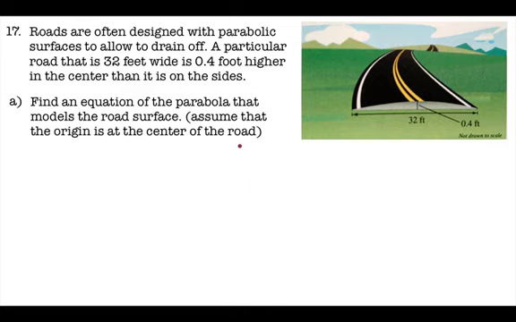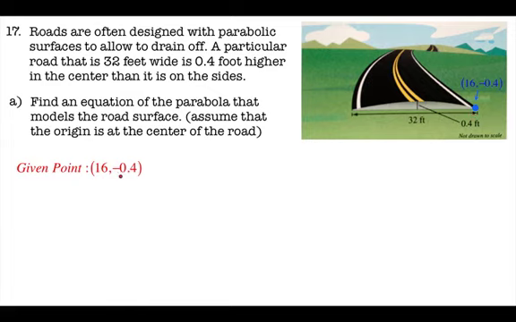Just like number 16, we're going to use a point, which is the point over here. The whole thing is 32, half of it is 16, and then it's opening down, so that's why it's negative 0.4.